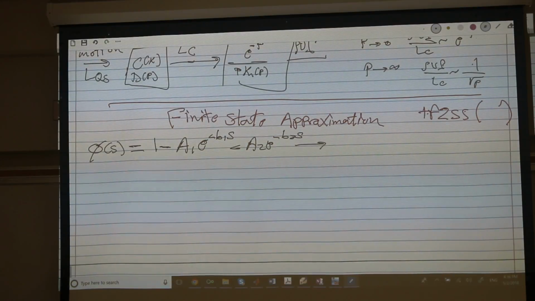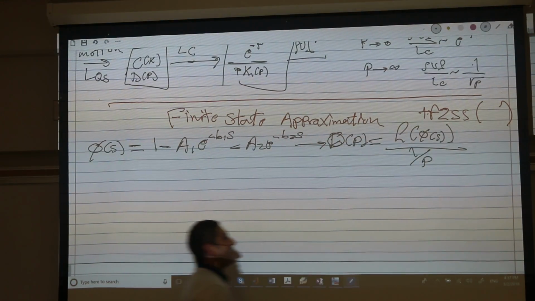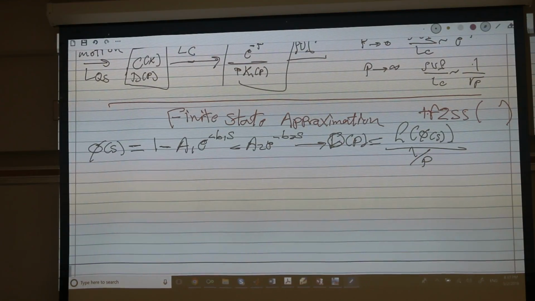So let's get the Laplace of this. The transfer function, which we call D of p, will be the Laplace of this divided by 1 over s, or 1 over p, right? Please don't confuse the s here. Our Laplace variable is p.